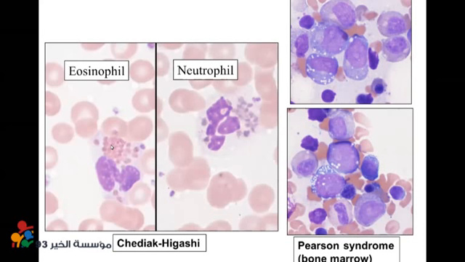I would basically see giant granules, often round, red, blue, or gray granules, usually variable in size, in the cytoplasm of the leukocytes. They will be in the eosinophils on the left side, in the neutrophils on the right side, as you see this big chunk of vacuoles, and also in the monocytes and the lymphocytes. They will spare the platelets, and megakaryocytes usually are not affected.